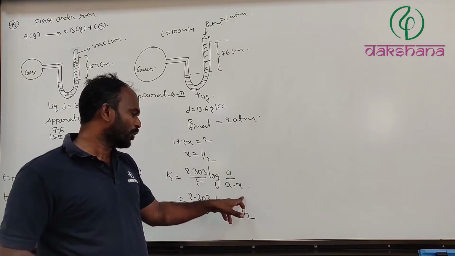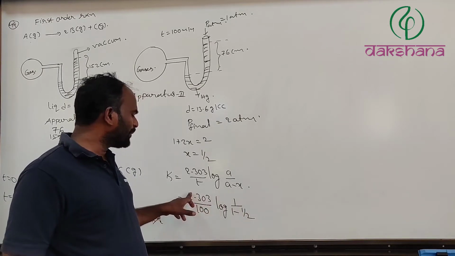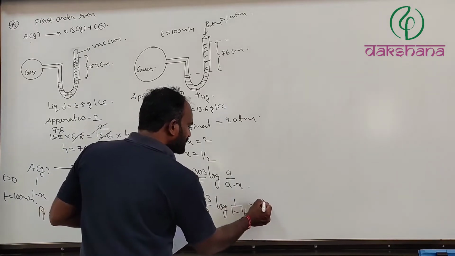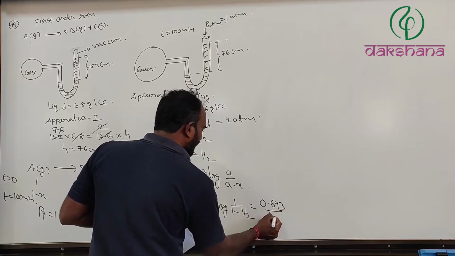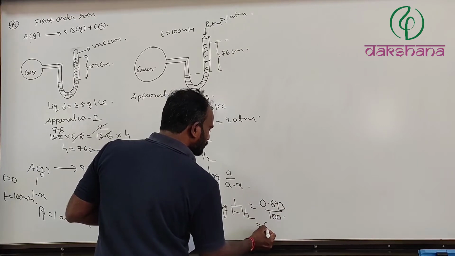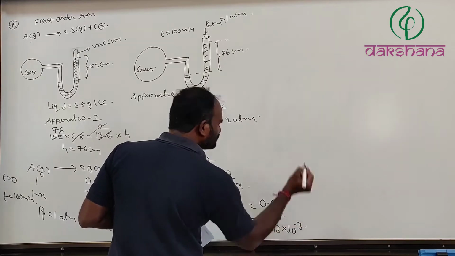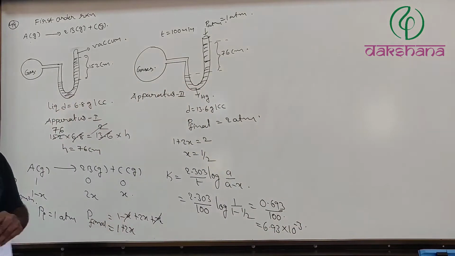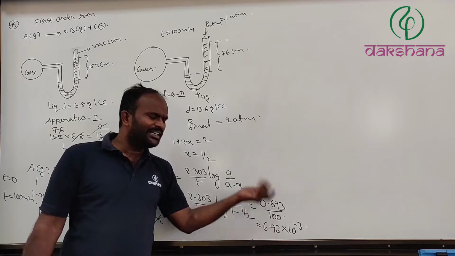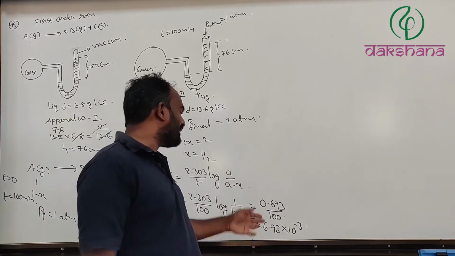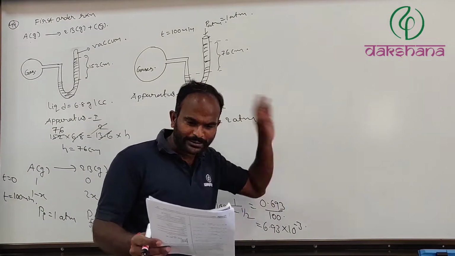So it becomes log 2. Log 2 into 2.303, as we all know, is 0.693 divided by 100. That is equal to 6.93 into 10 power minus 3. Approximately you can adjust it to 7 into 10 power minus 3 minute inverse also, because it is a first order reaction, no doubt about it.